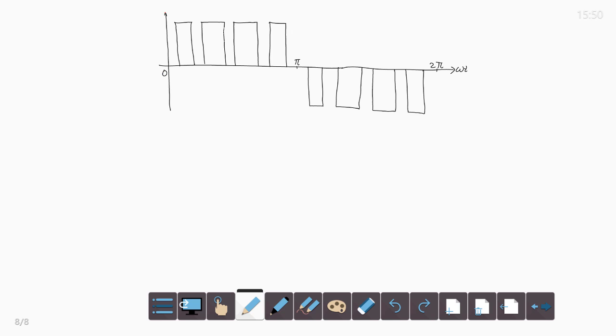This is the waveform of the line voltage, which has values plus Vd, minus Vd and 0.